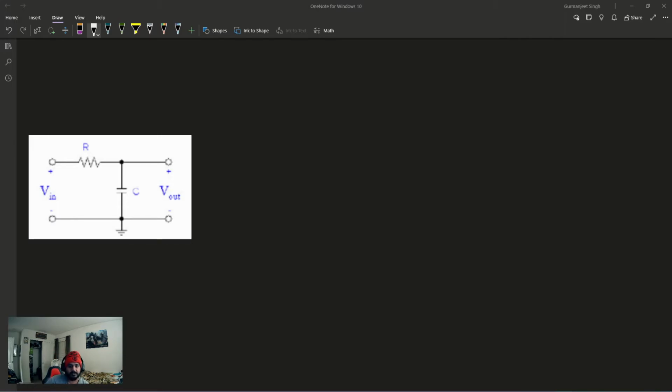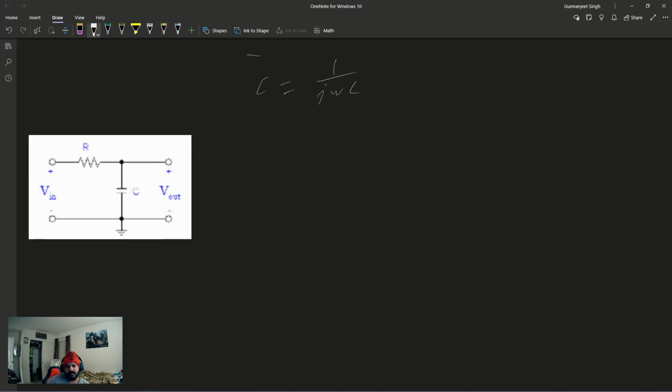And when it comes to the frequency domain, the capacitor is seen as basically 1 over j omega C, where C is the value of the capacitance. We have a j omega here because there is an imaginary part to this capacitor, and we also have to include the frequency that we are sending the signal at.